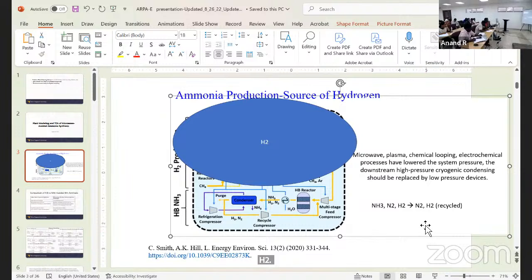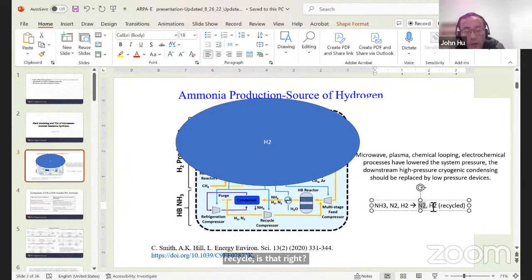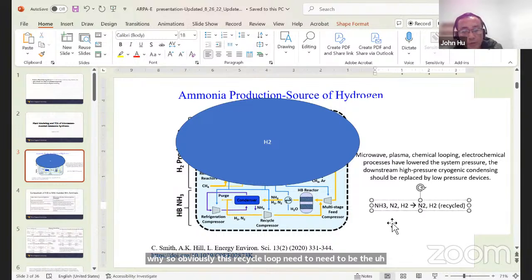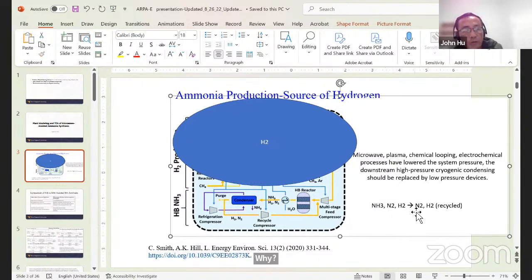Yes, sir. So obviously this recycle loop needs to be compressed, which means you have to build the pressure up. Why? When you see the equation, you should get the answer.